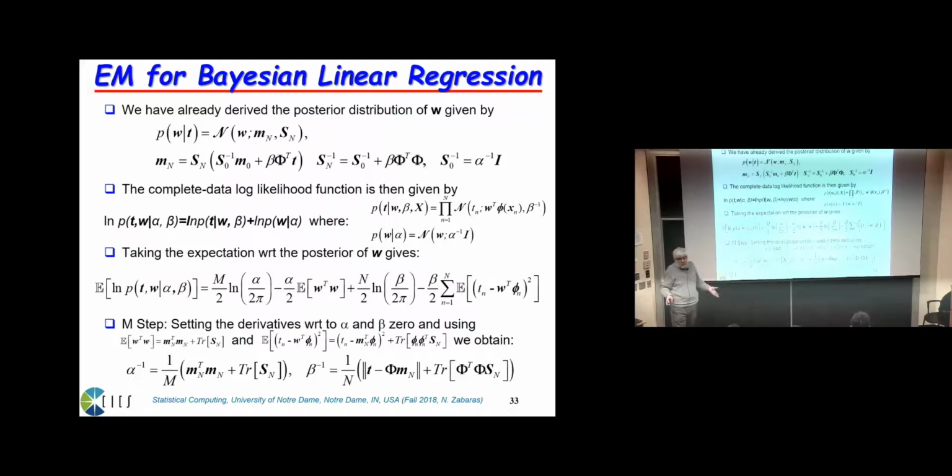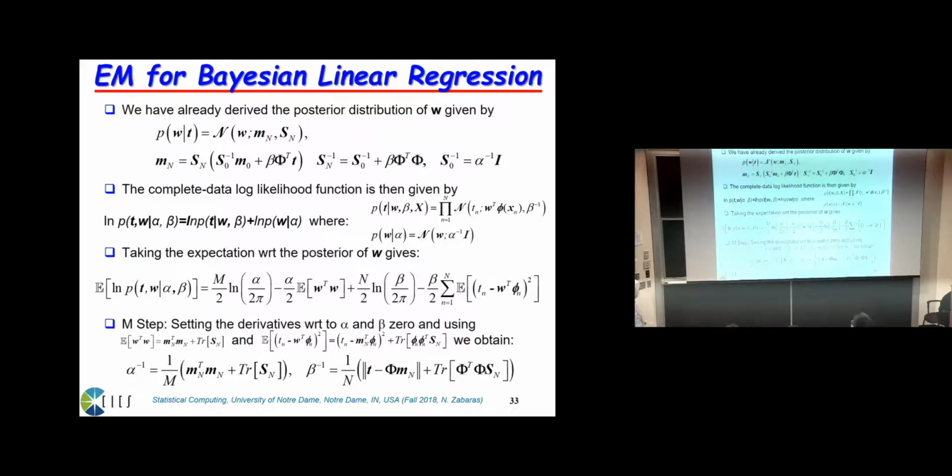So then how about if I do the EM algorithm by taking the expectation of this joint log likelihood with respect to what posterior distribution? The posterior of the hidden variables, and the hidden variables are W. There is the EM algorithm.